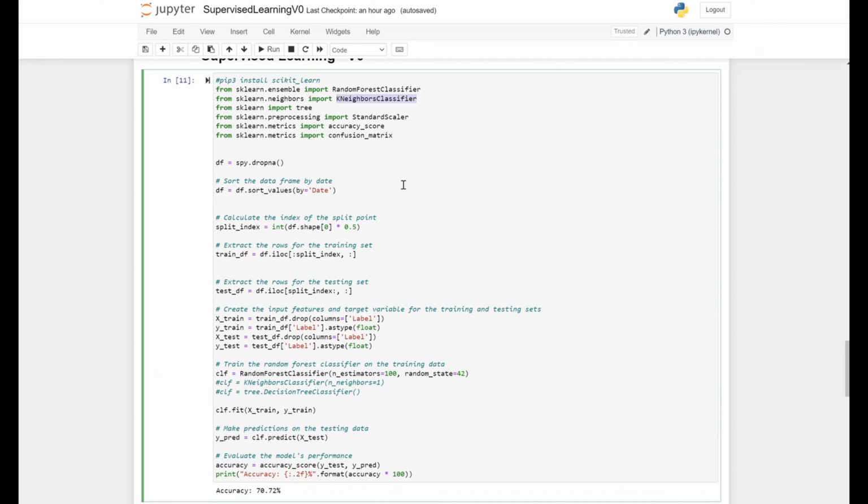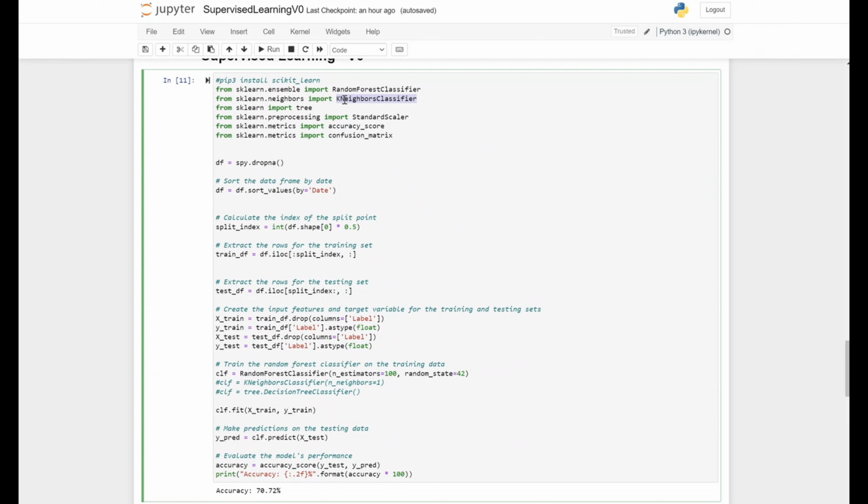K nearest neighbors is another supervised learning model. Basically, in order to predict a testing record, we find its k nearest neighbors from the training data set, and use those k nearest neighbors' labels to label this testing record.